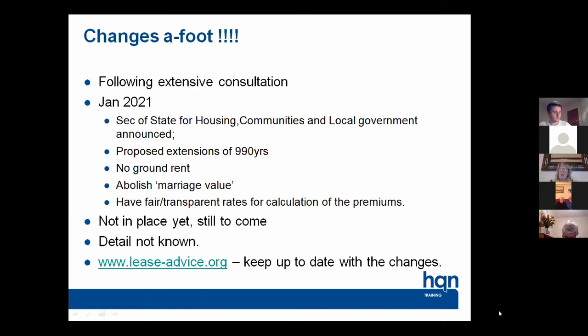But equally, you don't want to be in a position where you're scared into extending now, when actually this legislation is round the corner, imminent, and you've spent over the odds. So it's your homework, really. As I say, hopefully Southampton will assist, but it really is your homework.